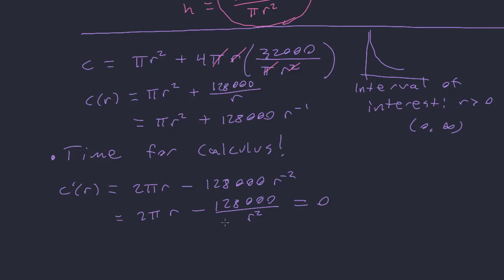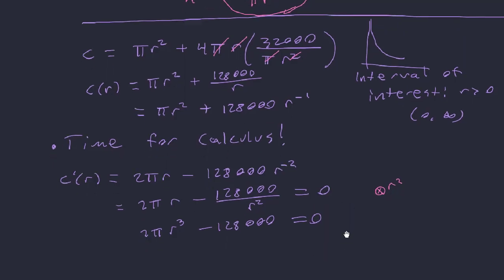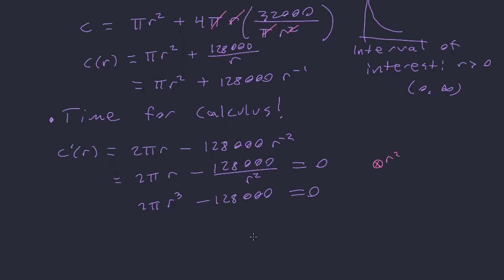My advice for problems like this is to multiply everything by the denominator that you have, so multiply everything by r squared, so that you get 2 pi r cubed minus 128,000 equals 0. Now this is a much, much easier problem to solve.